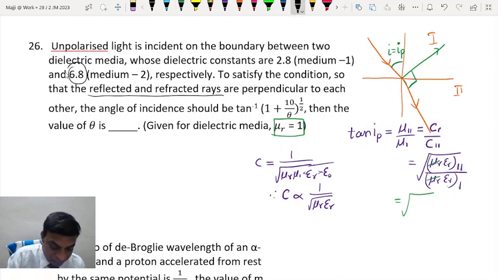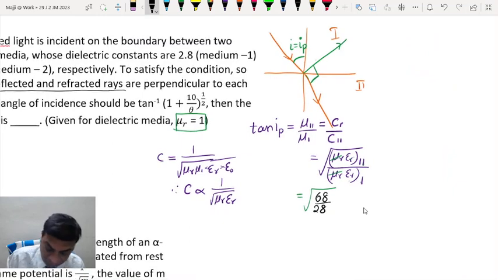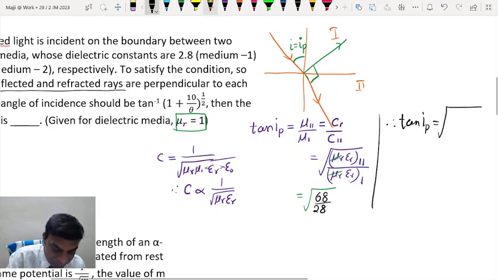Epsilon r for the second medium is 6.8, that for the first is 2.8. I have removed the decimal, students, by multiplying numerator and denominator by 10. Right. So therefore tan theta, I mean tan ip, is equal to under root, and I guess we can cancel this by 4.